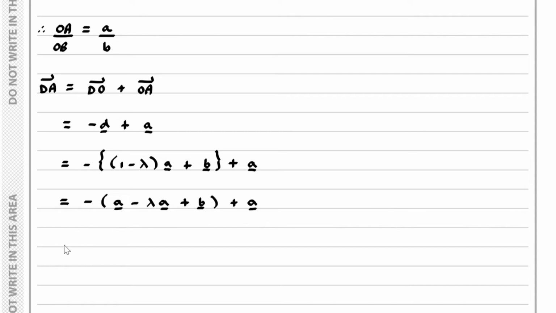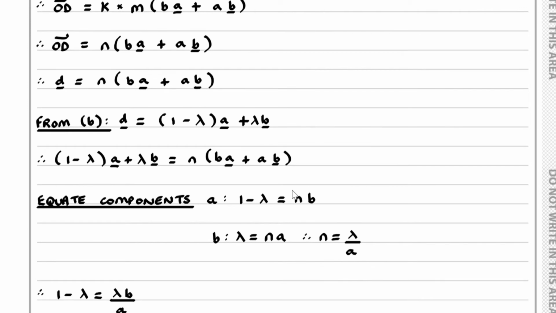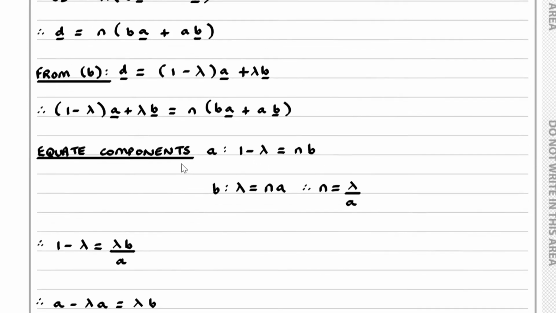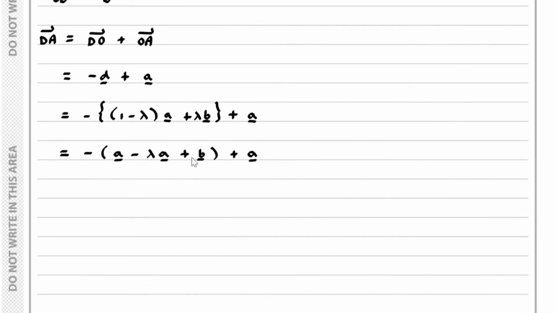And if I simplify all this, I've got minus a plus lambda a minus lambda b plus a.